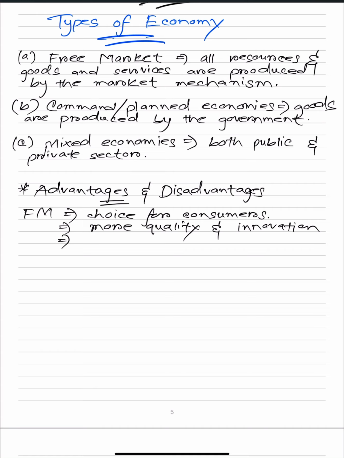Again, from this, if there is more quality and innovation, and if each firm is trying so hard to survive in the market, they have to be efficient, cost efficient, production efficient, and every other efficiency that there is. So a lot of efficiency for the firms, which is a good thing for the economy.